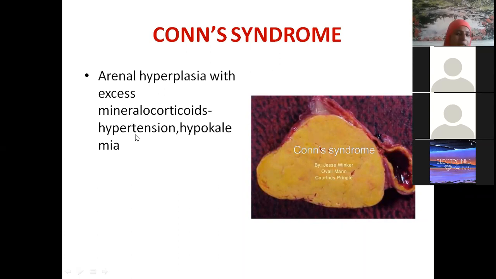Sodium and potassium transport will always be in reverse direction. There is excessive absorption of sodium ions from the renal tubules and excessive loss of potassium ions through urine. That's why there will be hypokalemia. Loss of potassium in the urine is hypokalemia.